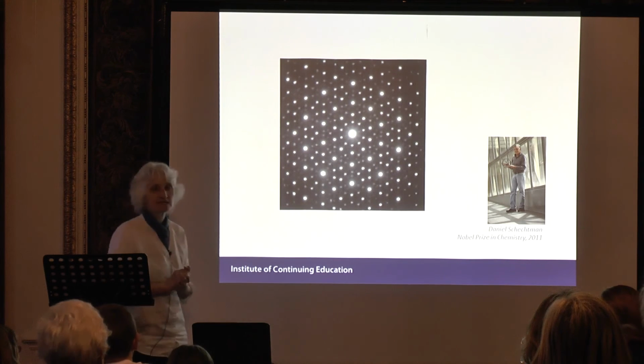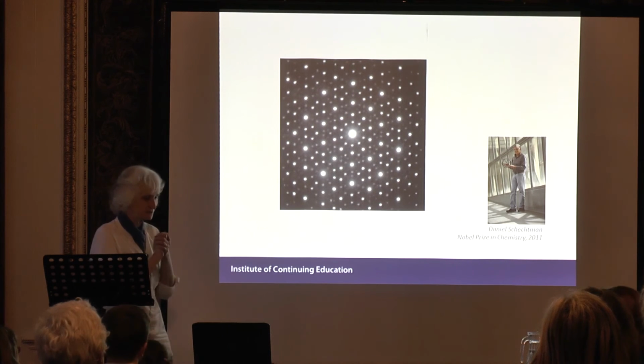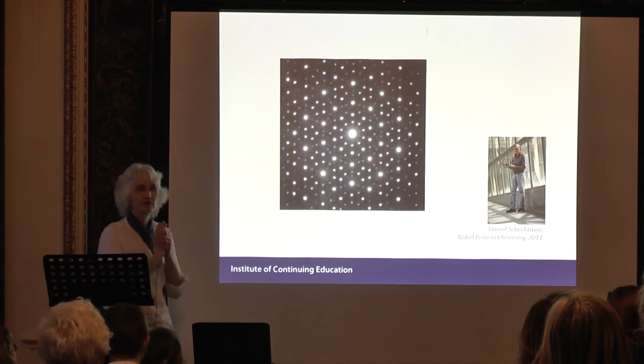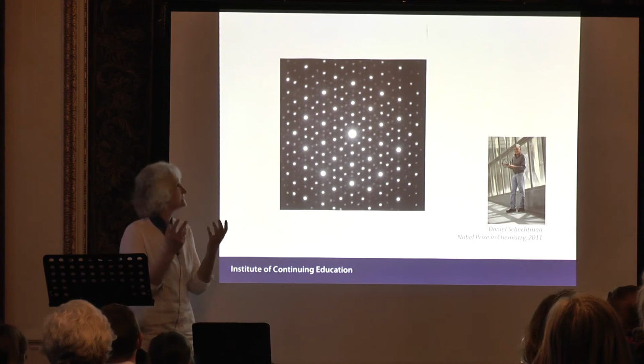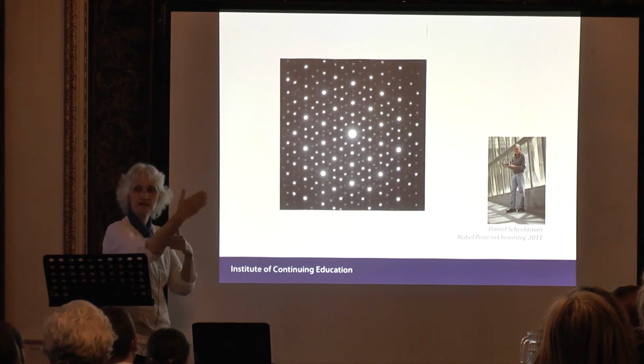Now, I haven't said anything about how we know how the atoms are arranged inside crystals. Very quickly, broadly what we do is we shine a beam of X-rays or electrons at them, and we look at the symmetry and the spacings of the spot pattern, what we call a diffraction pattern, that comes out the other side.